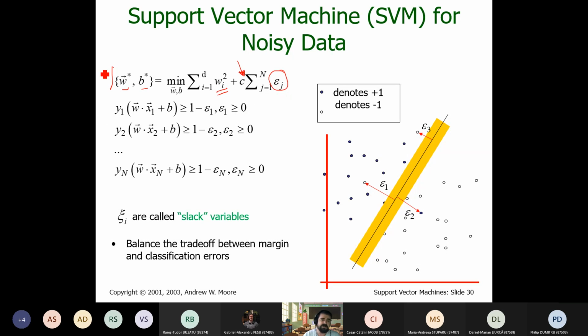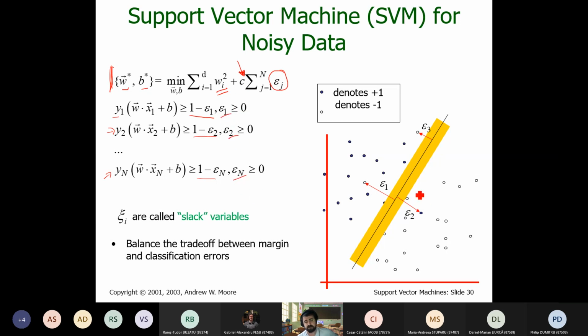And this minimization is subject to the fact that all the points should satisfy: y1 multiplied by (w x1 plus b) should be greater or equal to 1 minus xi1. For y2, greater or equal to 1 minus xi2. And finally, yn should be greater or equal to 1 minus xin, where all these xi should be greater or equal to 0.